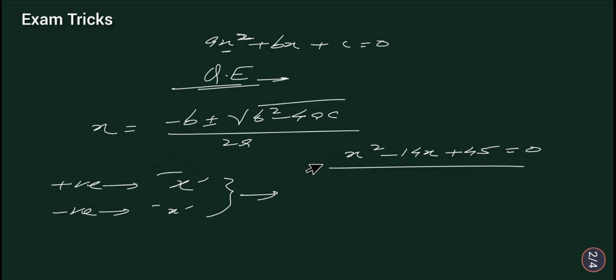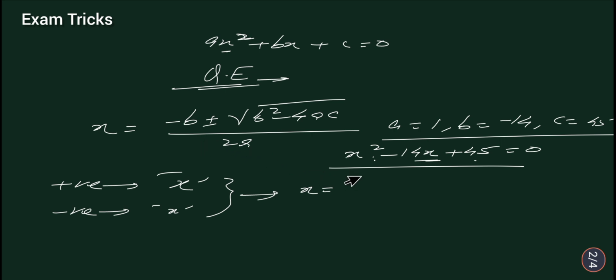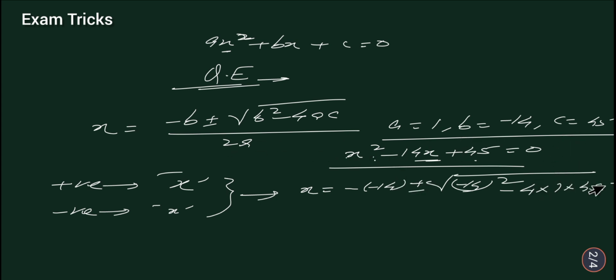If we solve this equation by the formula method, x is equal to minus b plus minus square root of b square minus 4ac, divided by 2a. Here a is the coefficient of x square, which is 1, b is the coefficient of x, which is minus 14, and c is the constant term, without any variable, which is 45. So we put these values in the equation: minus of minus 14, plus minus square root of 14 square minus 4 times 1 times 45, divided by 2 times 1.